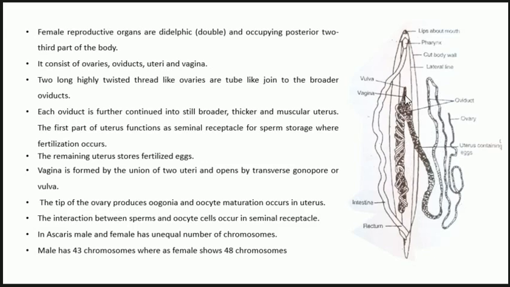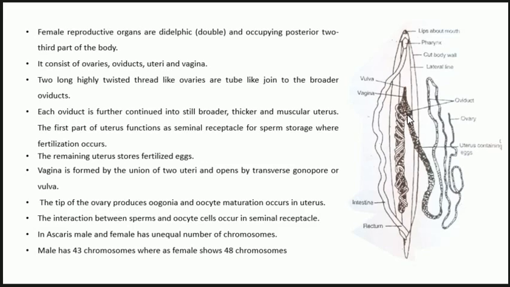This is the vulva and this is the vagina. So the ovary is from here up to this part, then the oviduct from here up to this part. This is the area where the uterus contains the eggs. Then you have the vulva and the vagina.